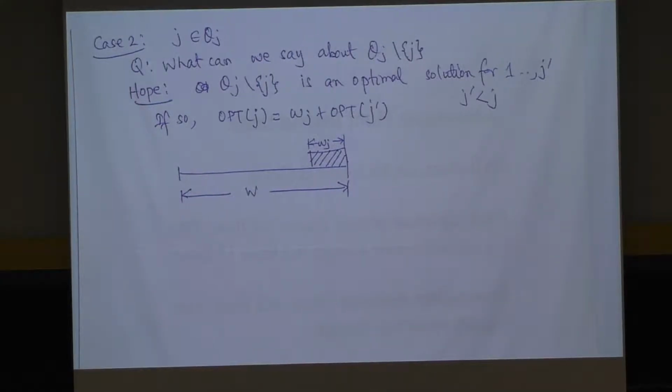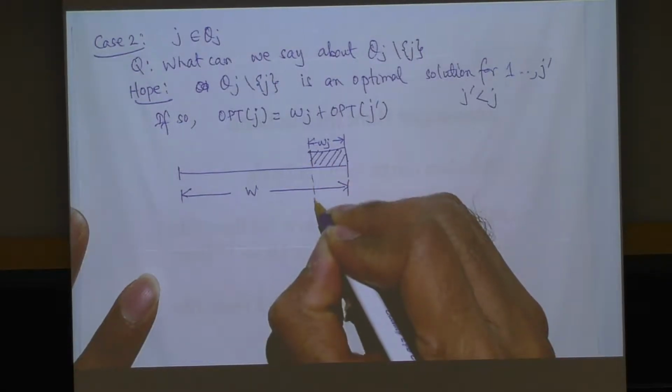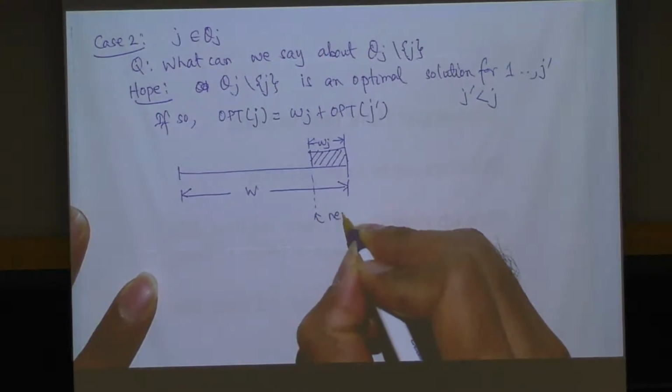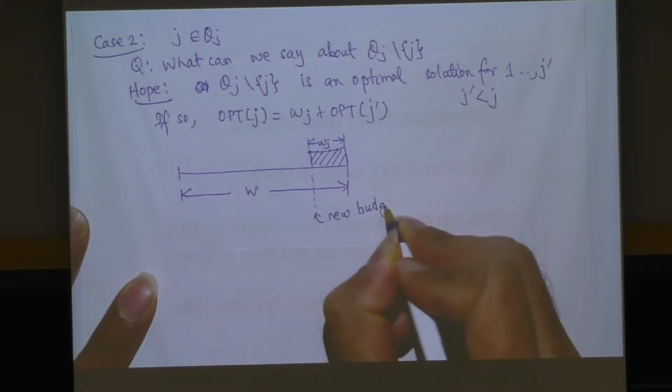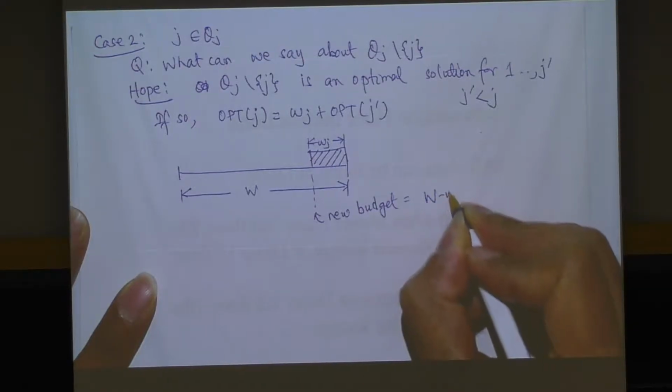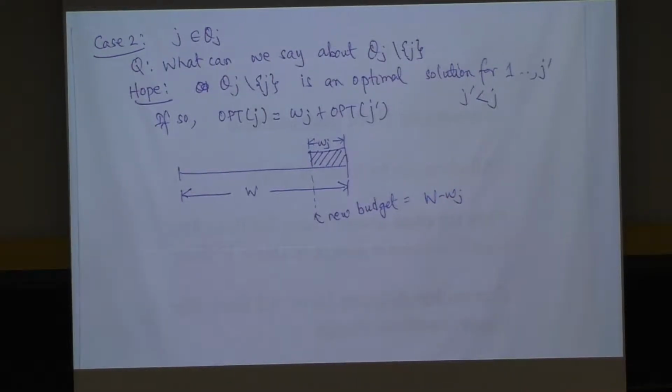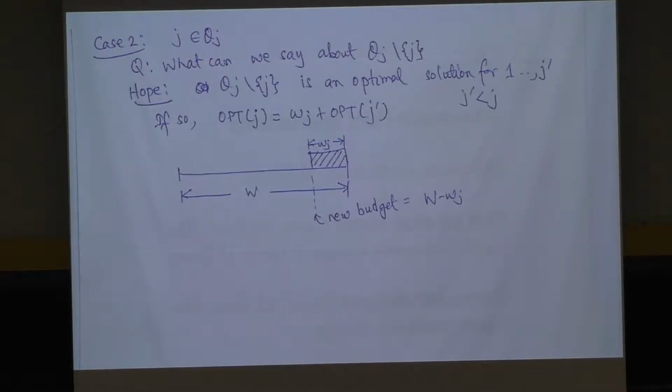So the new budget is essentially what remains. And so what this says is, when we are trying to define a sub-problem, it is not enough to keep track of the value J, but you also need to keep track of how much budget remains.